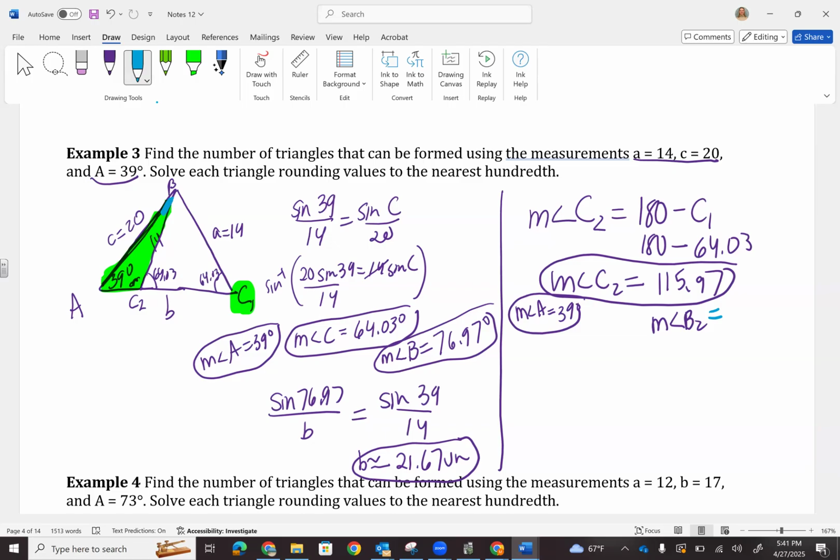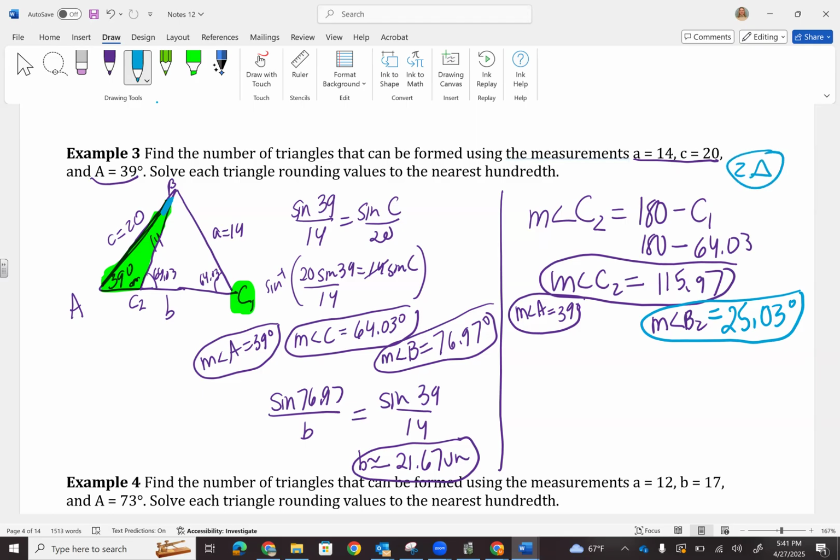If there is room to have two different triangles, you take your original angle and the supplement of your newly found angle, and you say 180 minus both, to check whether there are enough degrees in our secondary triangle to not go negative. So 180 minus 39 minus 115.97, and you get 25.03. It's small, but it's still positive, and so we can make two triangles on this one.